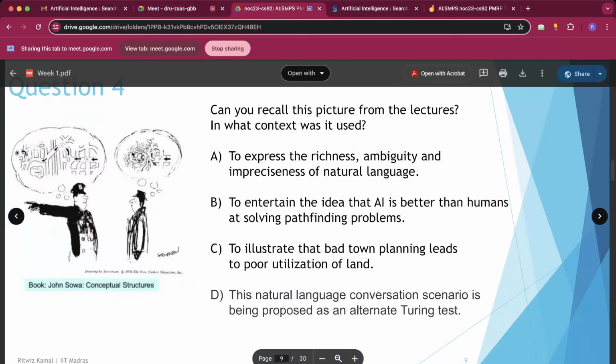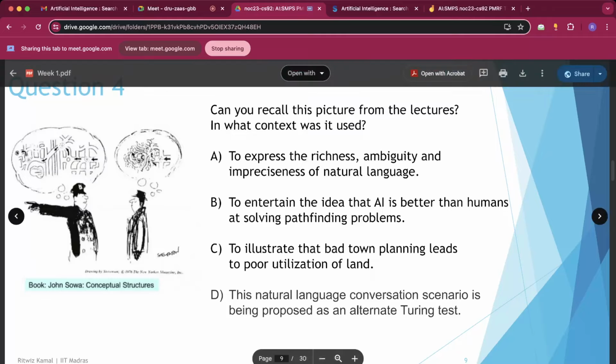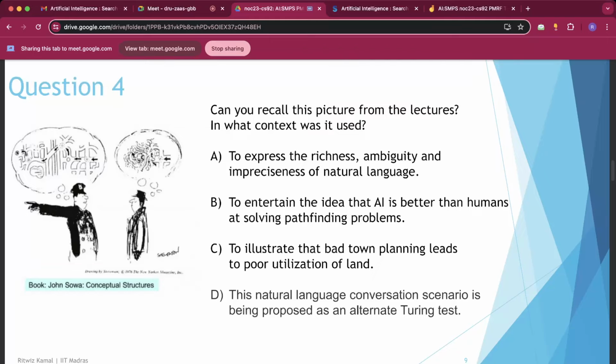Can you recall these pictures? In what context was this used? The first option says, to express the richness, ambiguity, and impreciseness of natural language. This seems to be relevant, right? Because we communicate in a natural language. Like I'm speaking in English, some of you might speak in Hindi or Tamil or Telugu or Marathi or any language, and these are all examples of natural languages. These languages are very rich and very ambiguous and hence imprecise, to some extent.